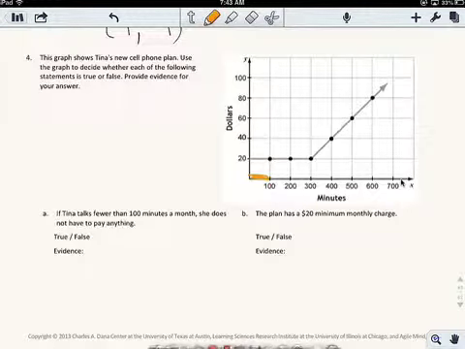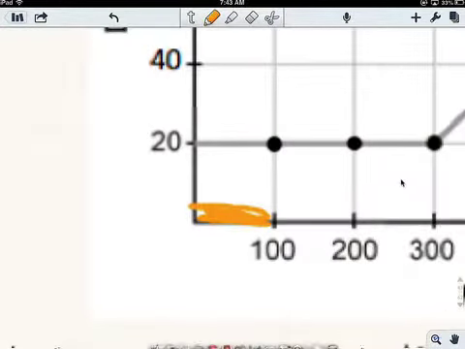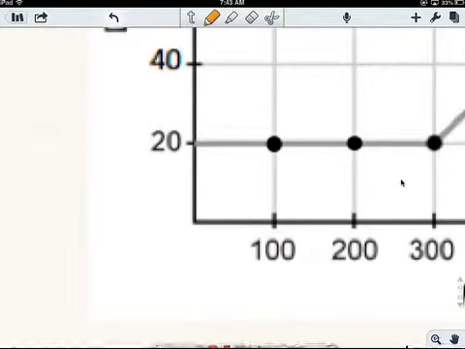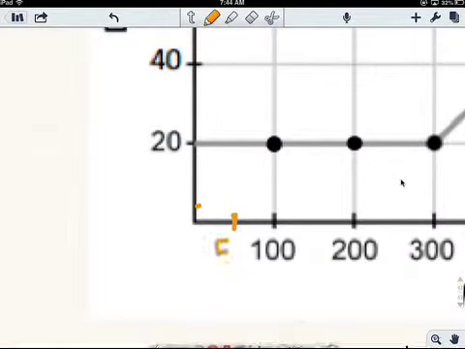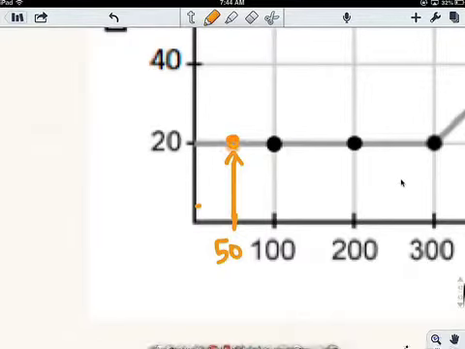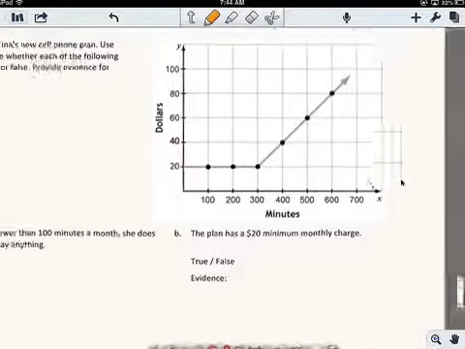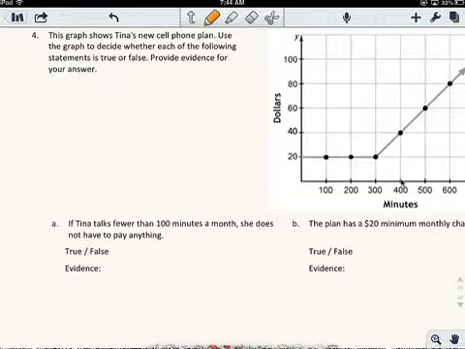And if I look at that section of the graph, let's say that she talks for like 50 minutes, which would be right here. I go up to the graph, and it looks like her cost is $20. And so I've just found a counterexample to that claim, and so it's got to be false.